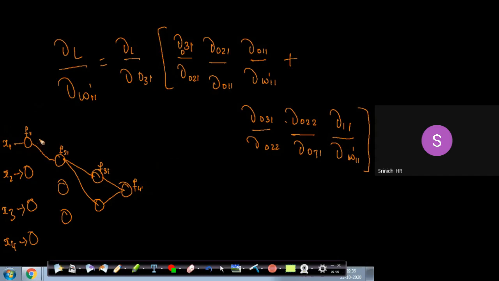Can anybody just tell me quickly? W12. W11 power 1, power 2. Here it is W11 power 3. So here, if it is input, what is the weight which I am giving? W11 power 1.